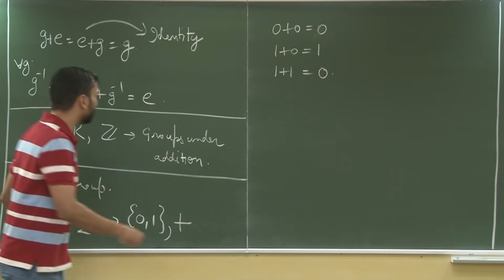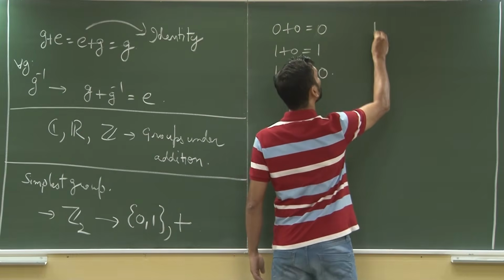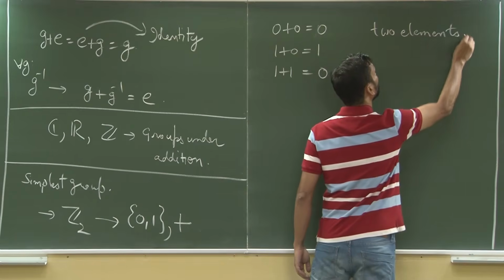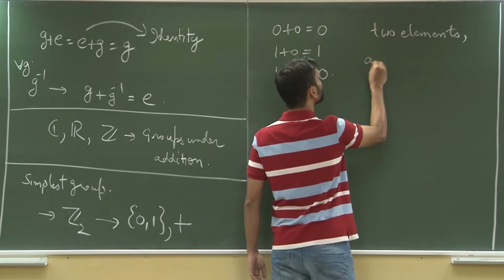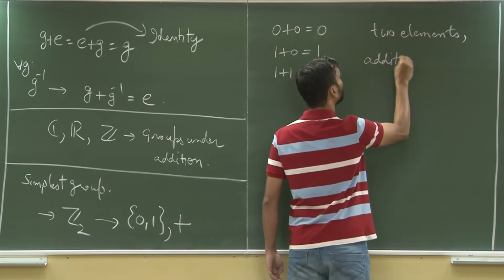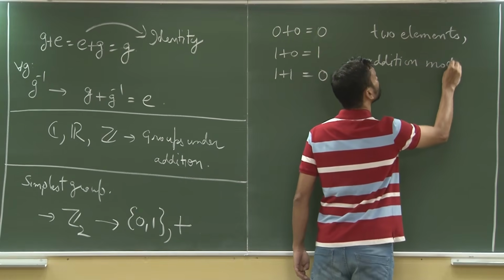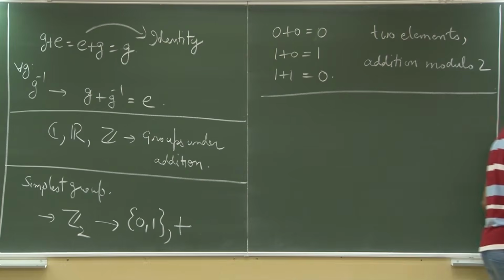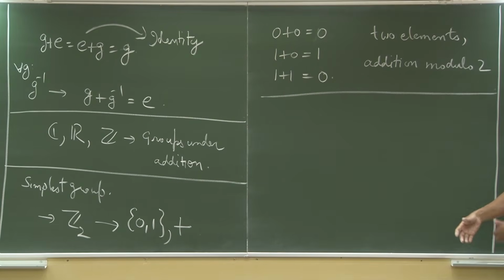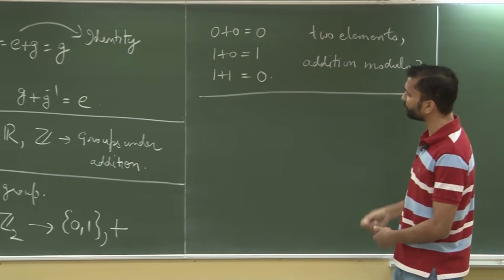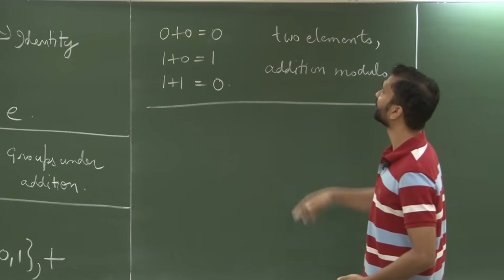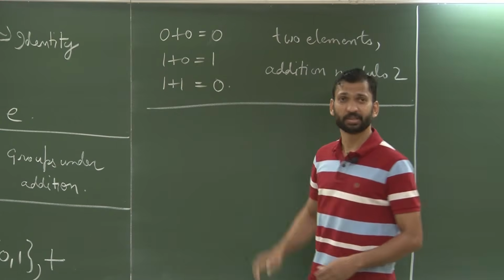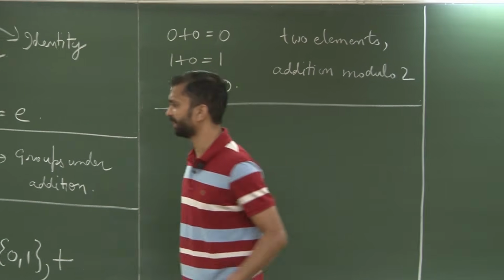You can also call it the group of two elements where the operation is addition modulo 2. And you see that if you take two elements and add them, you always remain inside the group. There is an identity, and for every element there is an inverse. This is a very simple setting.